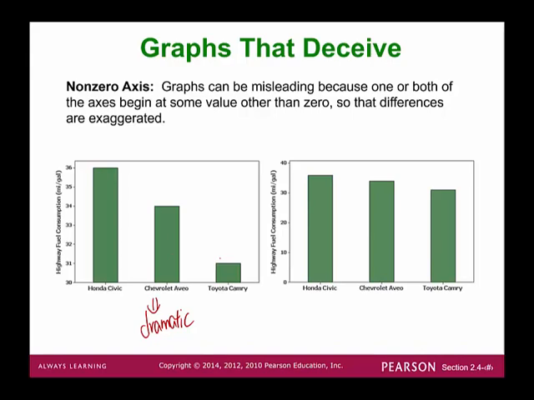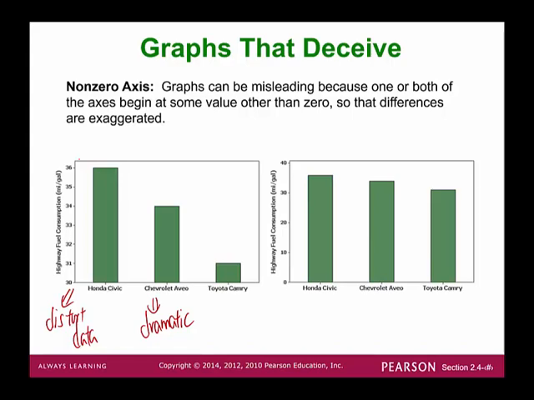The reason the graph looks like this is that they did a distortion on the vertical axis. So they distort data on the vertical scale. If you look at it, the scale starts at 30 all the way to 36.